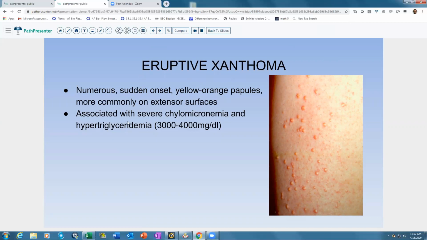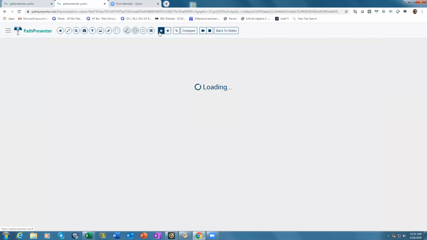The important thing to remember clinically is these are usually associated with some sort of lipid disorder. The eruptive ones are associated with severe chylomicronemia and hypertriglyceridemia. So these patients tend to have lipid abnormalities. So if you have this diagnosis, the patient should definitely get a lipid profile.